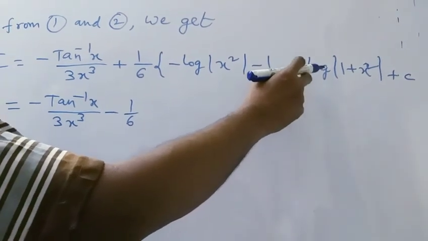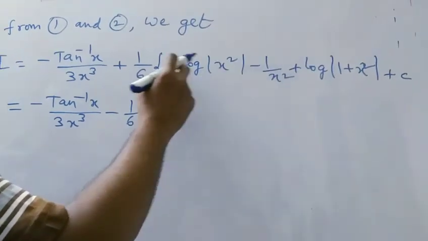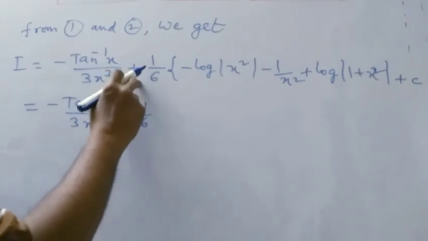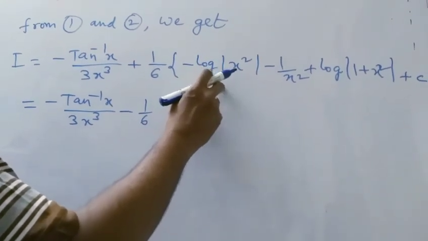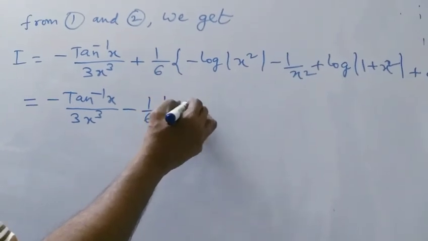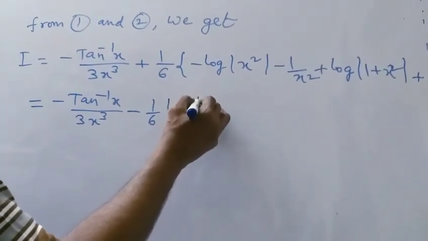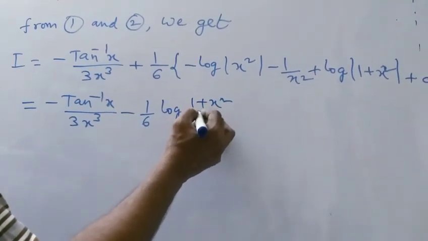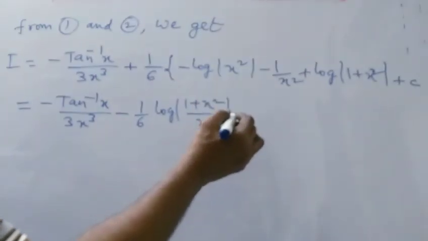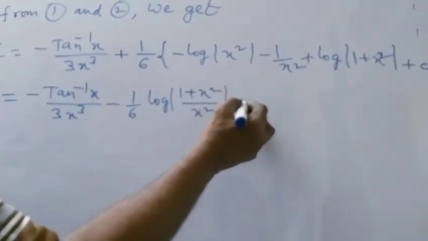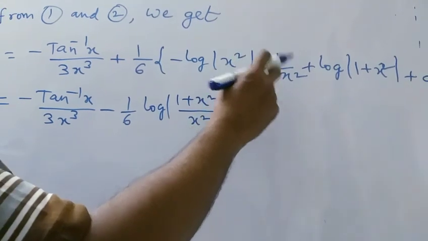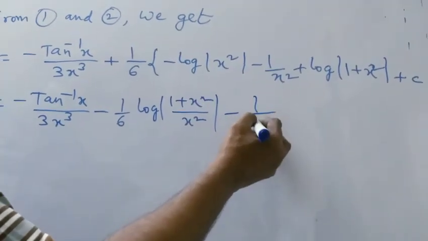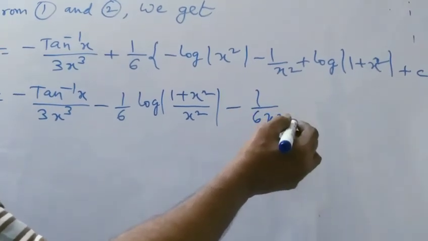So here log A minus log B is equal to log of A by B. That means here it becomes 1 by 6 log of (1 plus x square) by x square minus 1 by 6 x square plus c.